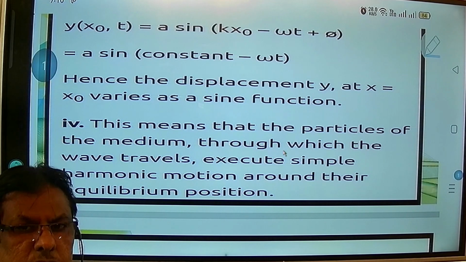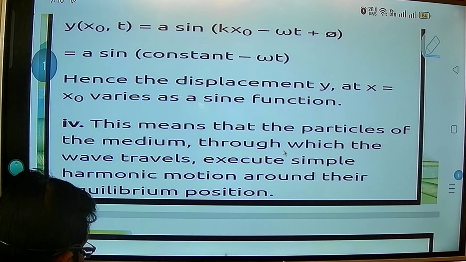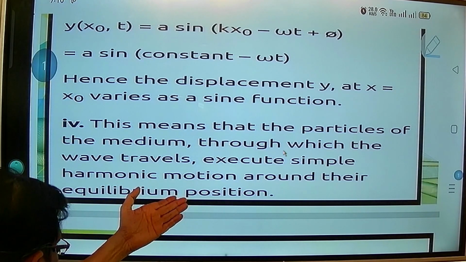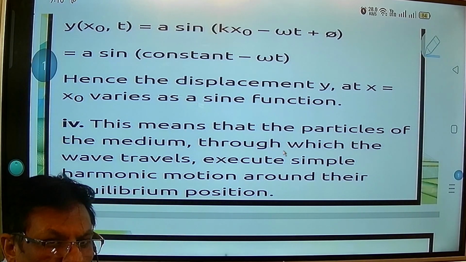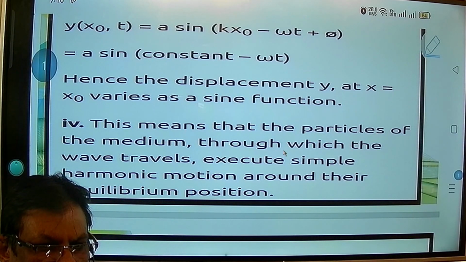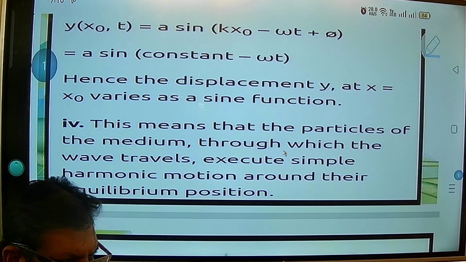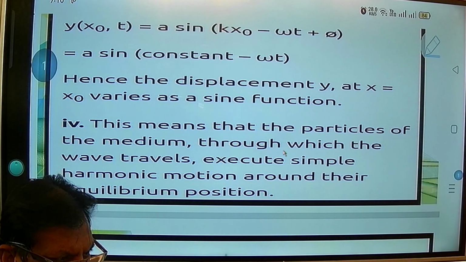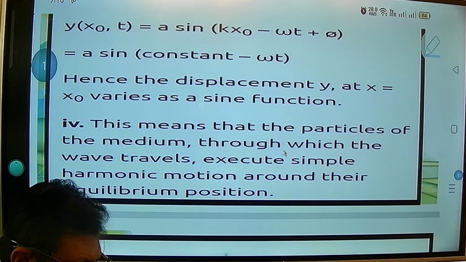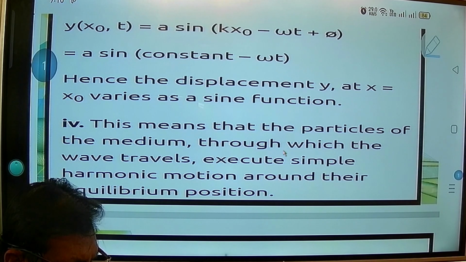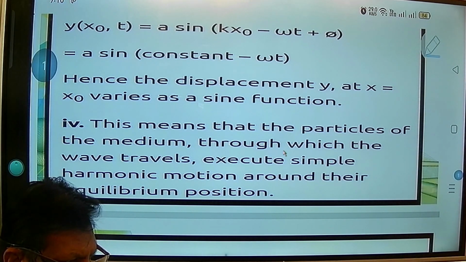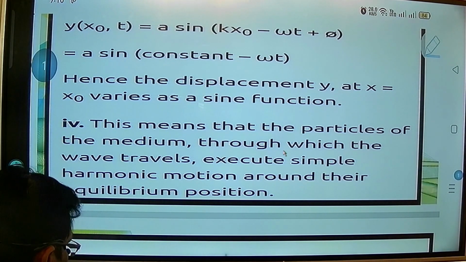Now you know what is meant by simple harmonic motion. Take the example of a spring: when it is in the normal condition and we apply a force to one end, the spring gets displaced about the mean position, and you find that it is making a simple harmonic motion.